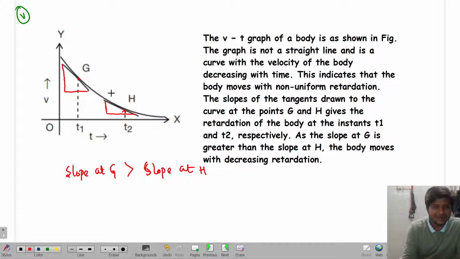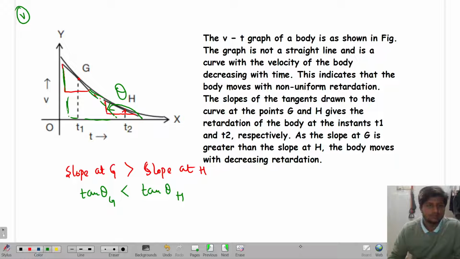This is minus theta. If I extend this till here and make a bigger right angle triangle, we need to calculate the slope using the x-axis. This theta I need to consider. So tan theta at G is much less than tan theta at H. Can I write like this or not?